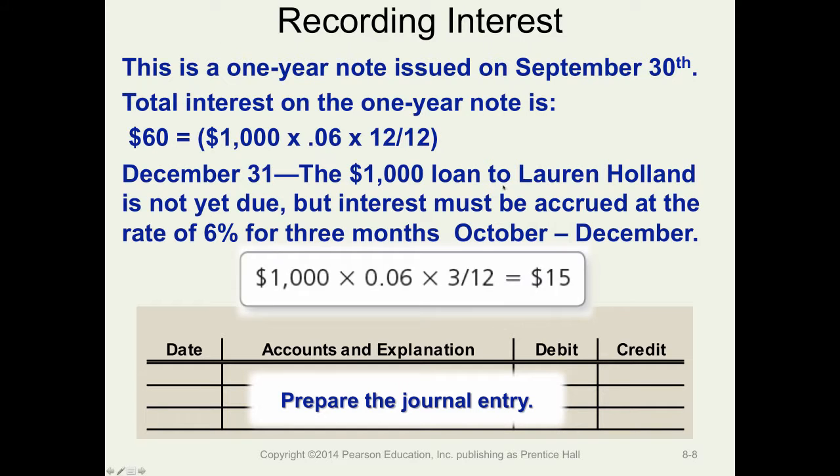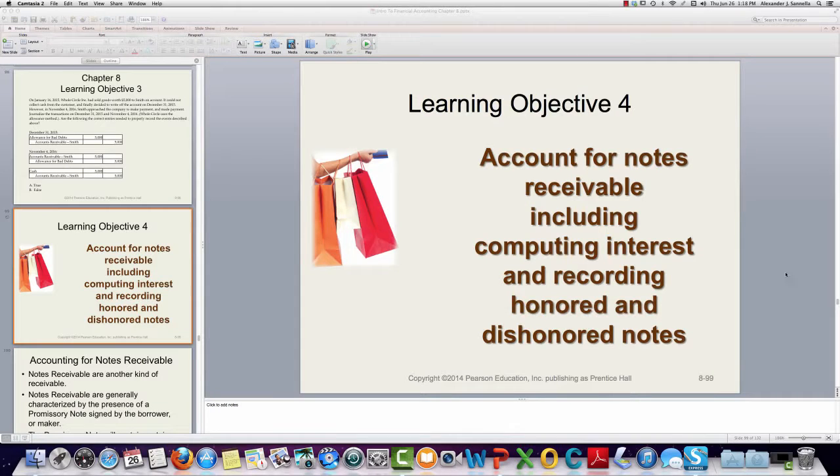And again, let me go over to the whiteboard and illustrate this. I know we did this earlier in the course, but this is all part of the accrual basis and the need for adjusting entries.